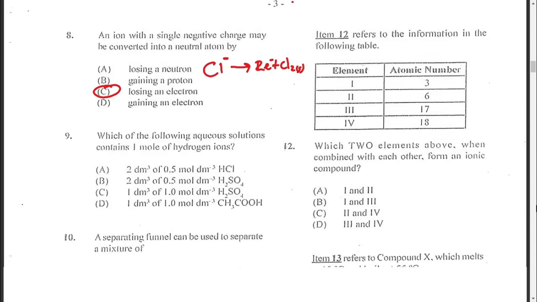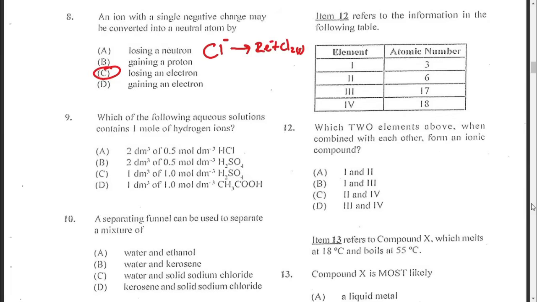Question 9. Which of the following aqueous solutions contain 1 mole of hydrogen ions? We have seen this before. Sulfuric acid, this one right here, 2 dm cube of a 0.5 molar sulfuric acid, because the molar ratio between sulfuric acid and the H plus that it dissociates into is 1 to 2.